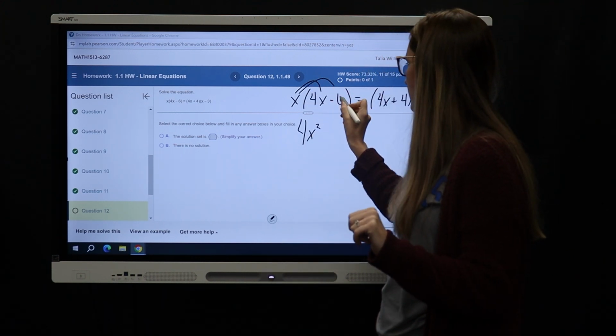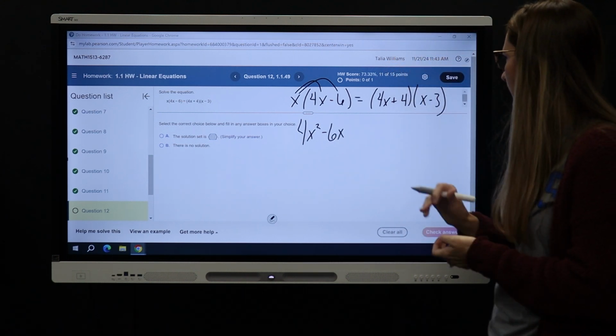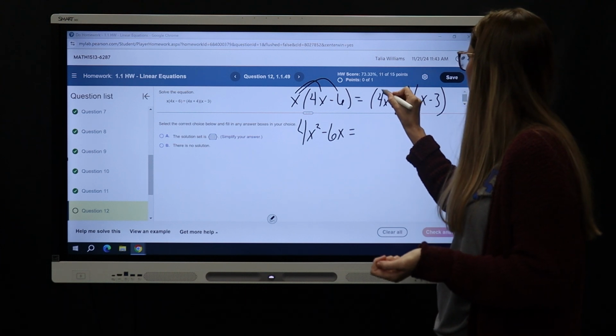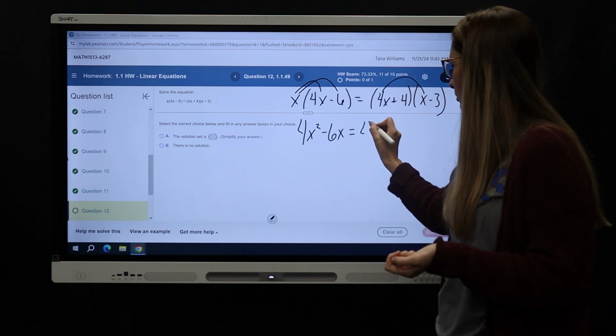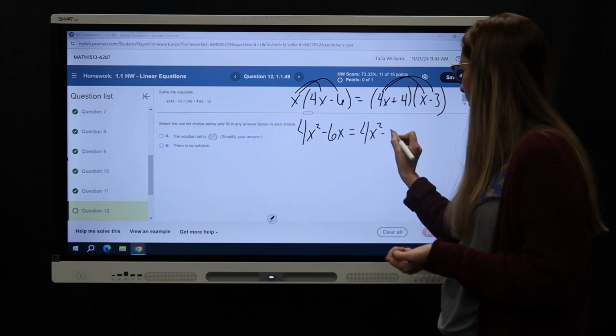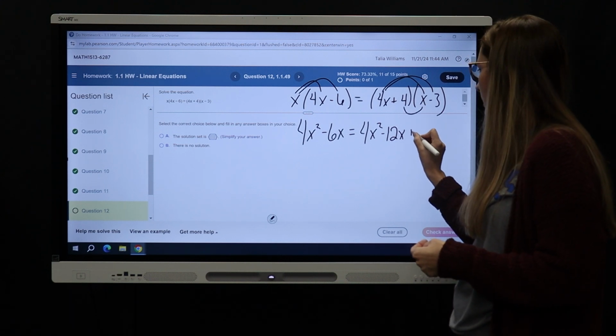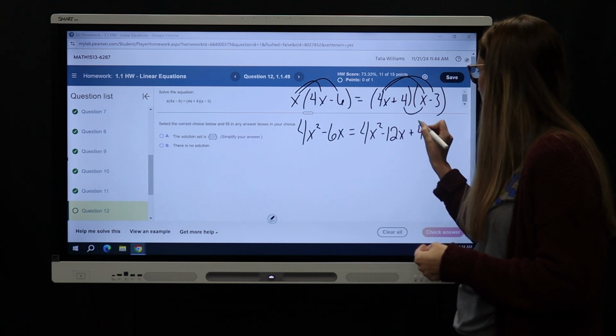When I just do x times negative 6, I have them both together now. So here, equal sign. 4x times x, I have two x's, so x squared. 4x times a negative 3 would be 4 times 3 is 12. Keep your x. 4 times x is 4x.